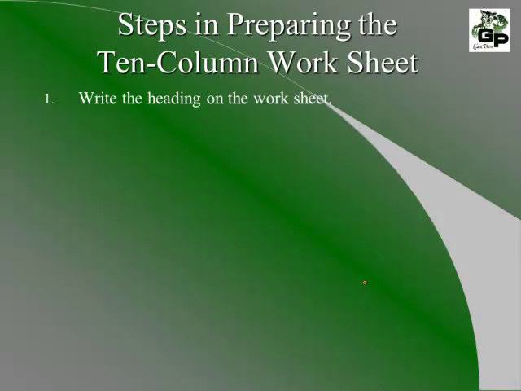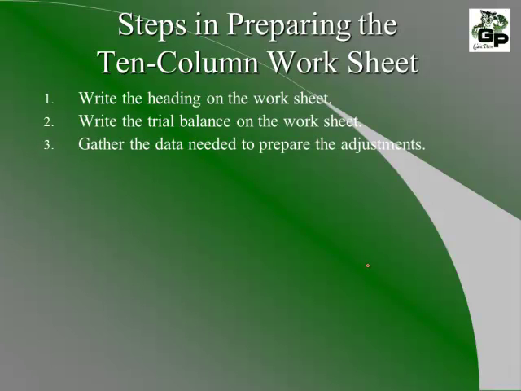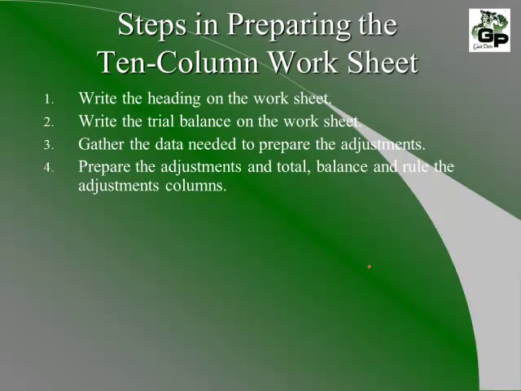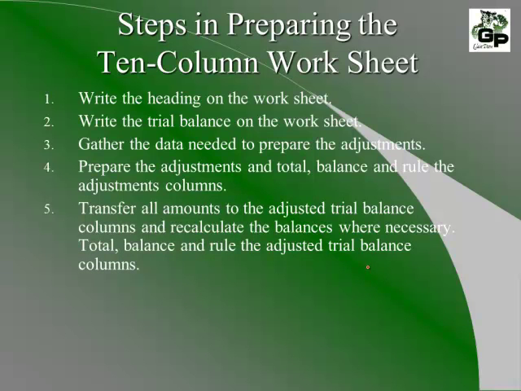Here are the steps for preparing that 10-column worksheet. You write the heading on the worksheet, you write the trial balance on the worksheet, you gather the data needed to prepare the adjustments, you prepare the adjustments and total, balance, and rule the adjustment columns. Now we transfer all amounts to the adjusted trial balance columns and recalculate the balances where necessary.